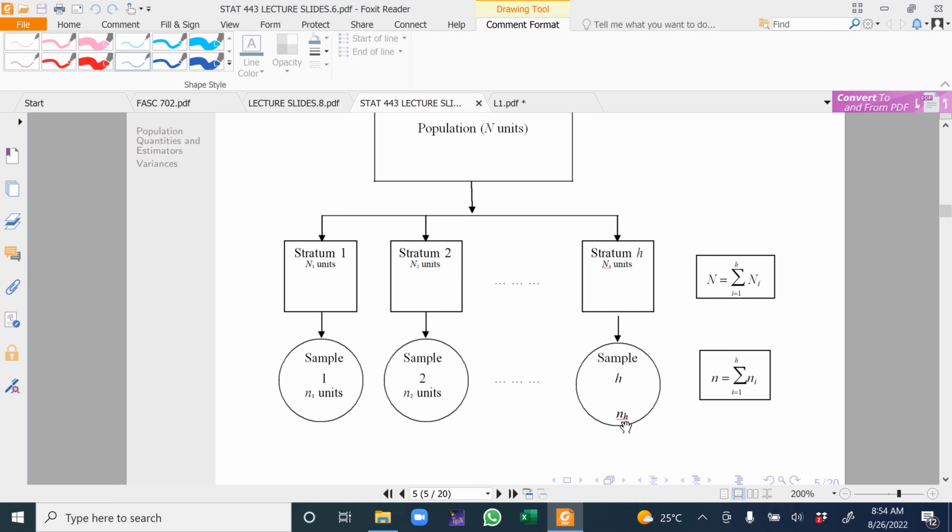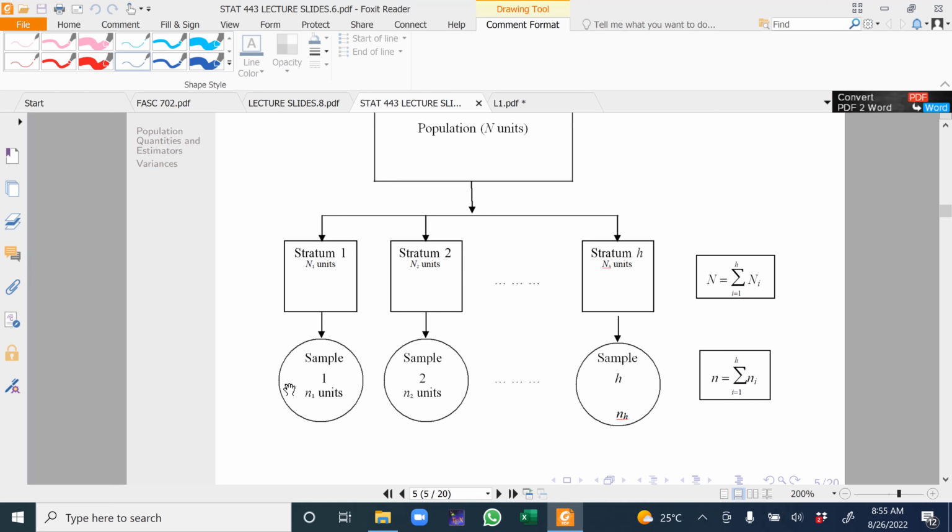Remember, there is a target sample size that you have. Let the sample size be n. This target sample size has to be realized when you are selecting these samples.